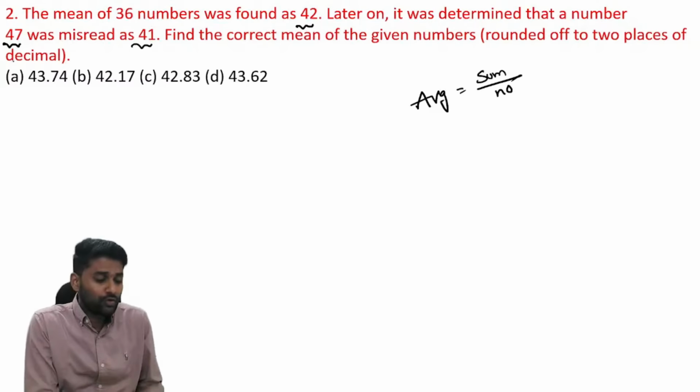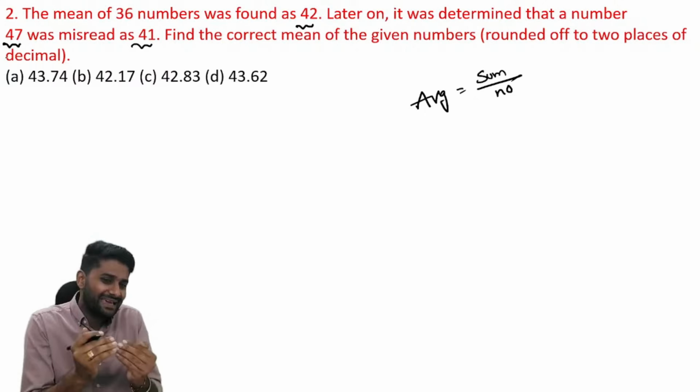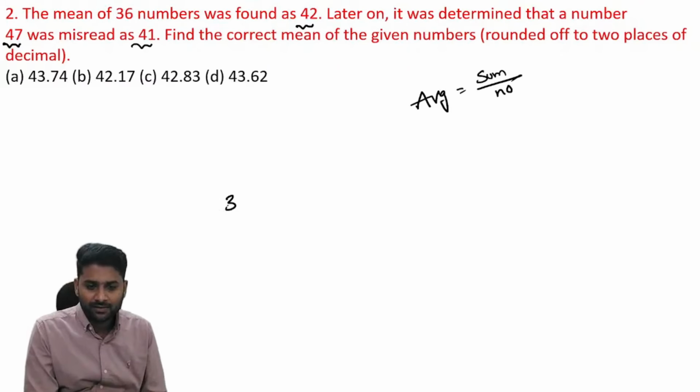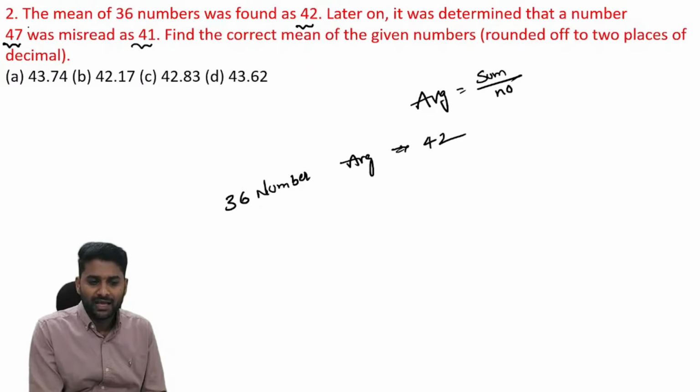If you include the original one, does the average increase or decrease? You just tell me. If I consider the original number, is the average more than 42 or less than 42? So 36 numbers, the average given is 42. Instead of 47, it is misread as 41. So because of 41, the average is 42.